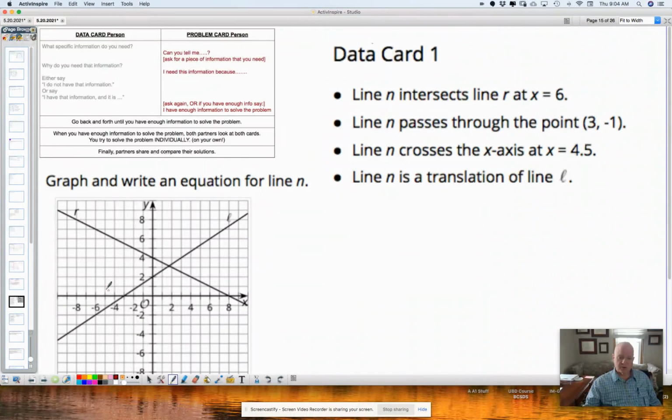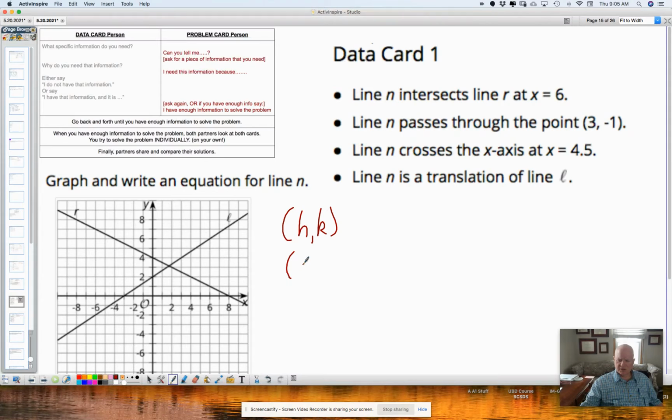So here are some of the questions. This was the graph that was given, and the person was supposed to find an equation of N. The person with the data card says, what specific information do you need? And he might say, can you tell me, does line N intersect line L or line R? Why do you need that information? Well, if I knew it intersected, I need to know a point, and I need to know the slope of either one of these.